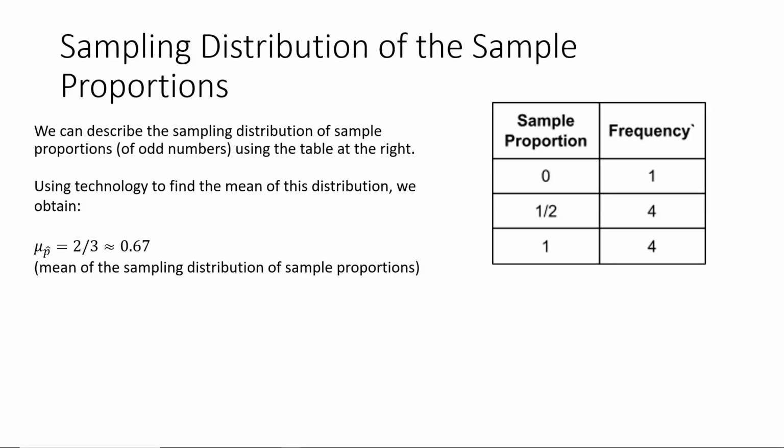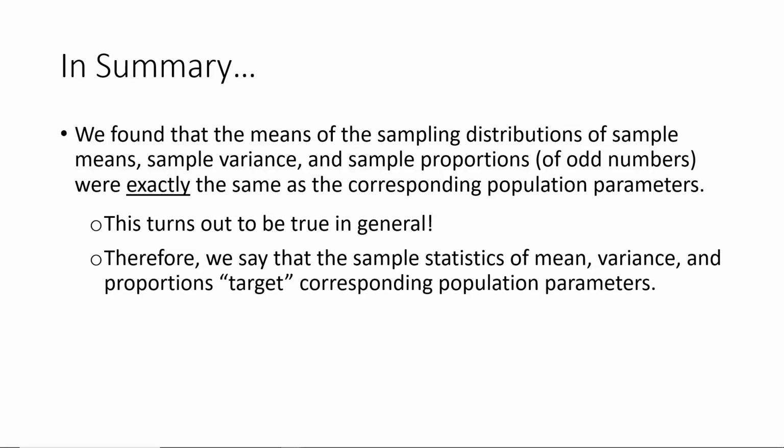So here's what we have now found. In summary, we found that the means of the sampling distributions of sample means, sample variance, and sample proportions of odd numbers were exactly the same as the corresponding population parameters. And it turns out that that is true in general. Therefore, we say that the sample statistics of the mean, variance, and proportions target corresponding population parameters.